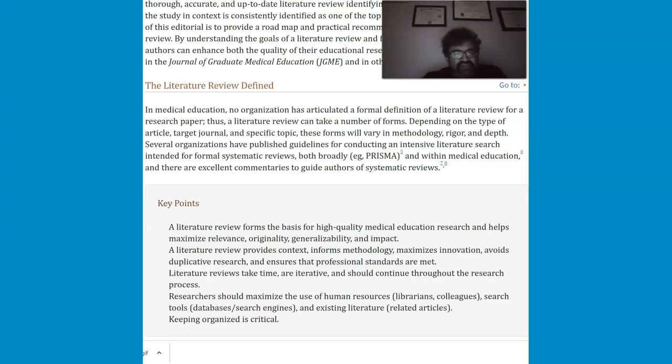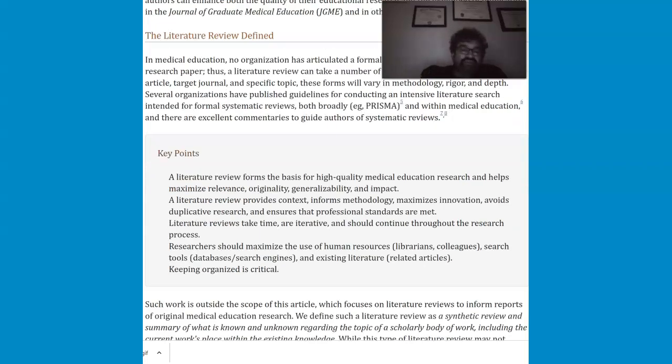Now, looking at the literature review, it takes time, it's iterative, it takes a lot of patience, and it should continue throughout the research process. So as you're conducting research, revisit the literature review and take a look at where you can make improvements. This is something that's done when you're writing a scholarly journal article.